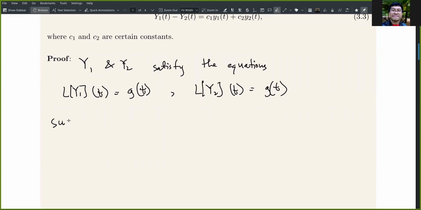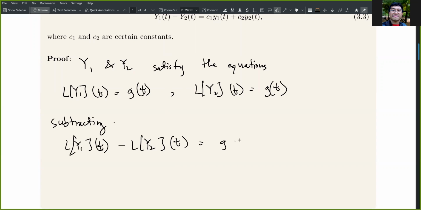Subtracting the two, you have L[y1](t) minus L[y2](t) equals g(t) minus g(t). So this minus this is just equal to 0.